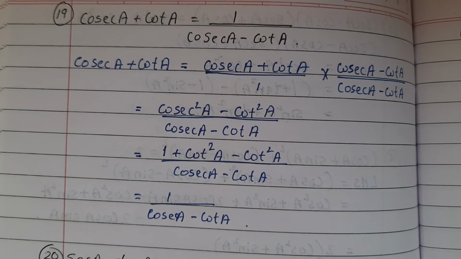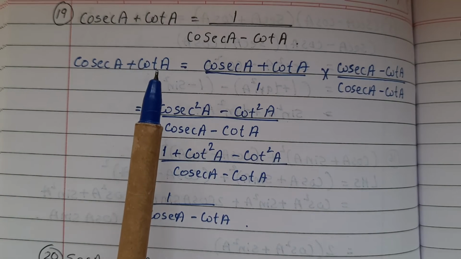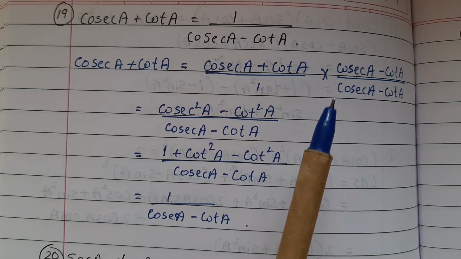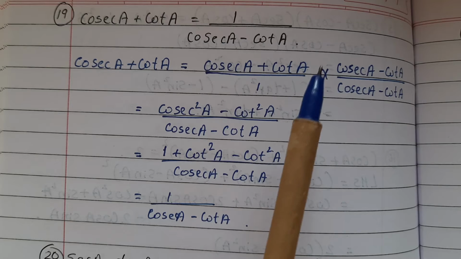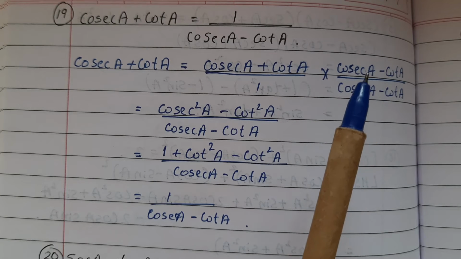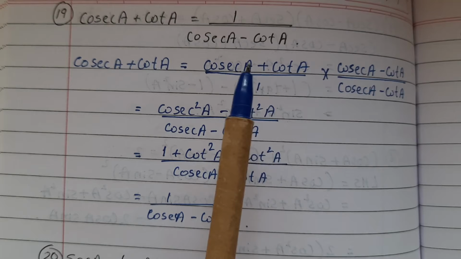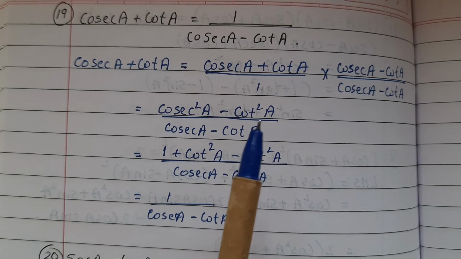Sum number 19. Left hand side is equal to 1 upon cosec A plus cot A. Multiply and divide by cosec A minus cot A. Therefore, we get cosec A plus cot A into cosec A minus cot A upon cosec A minus cot A. Numerator (A plus B) into (A minus B) is A square minus B square.